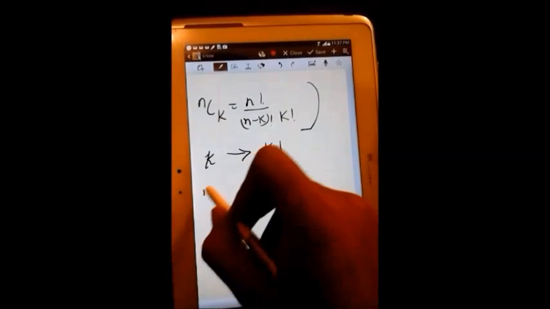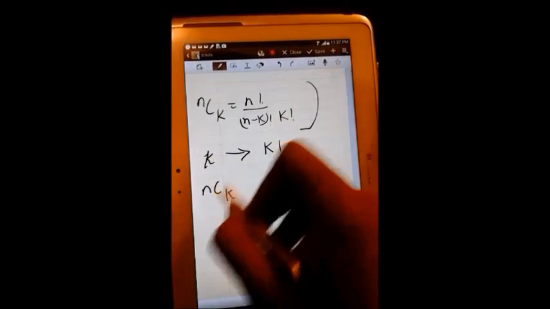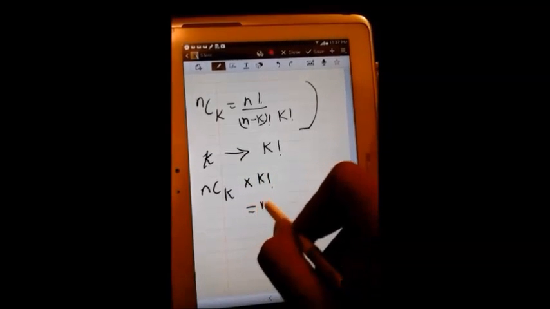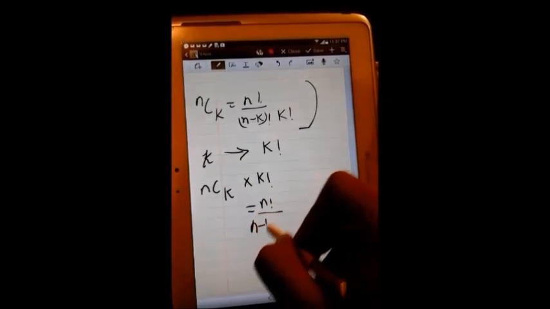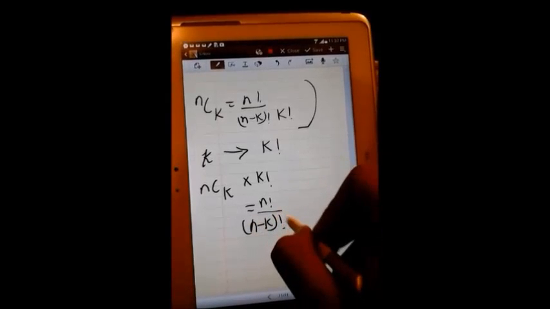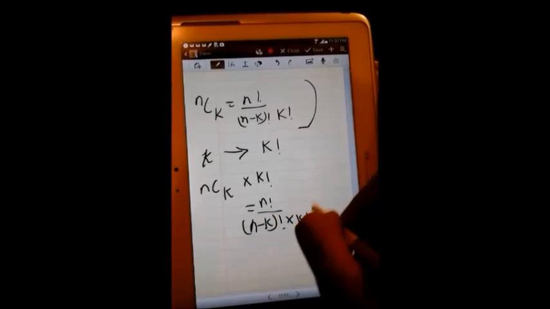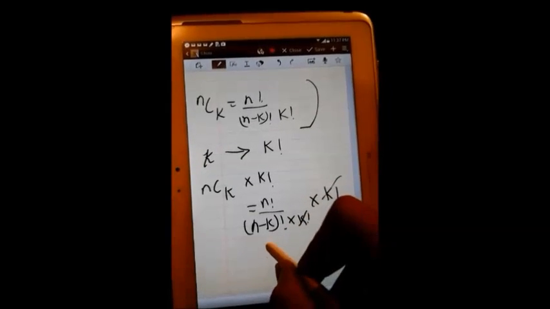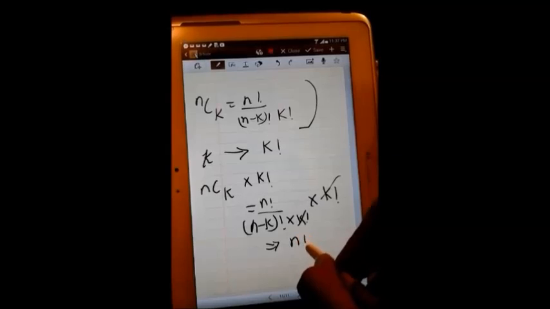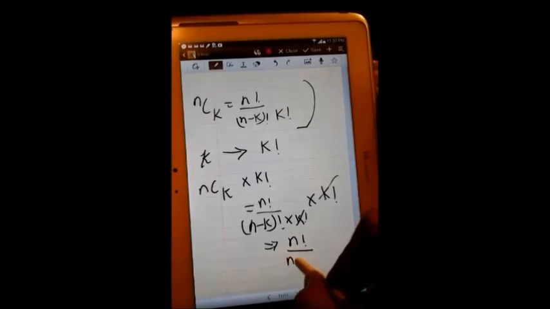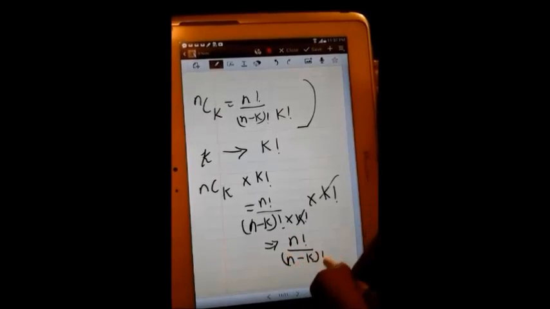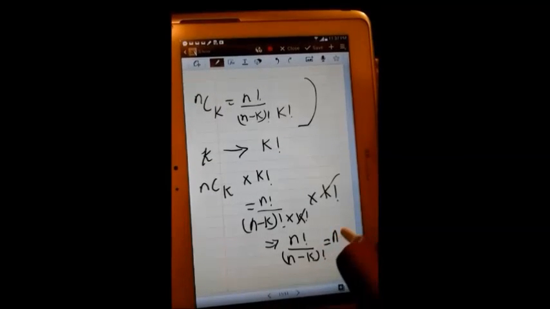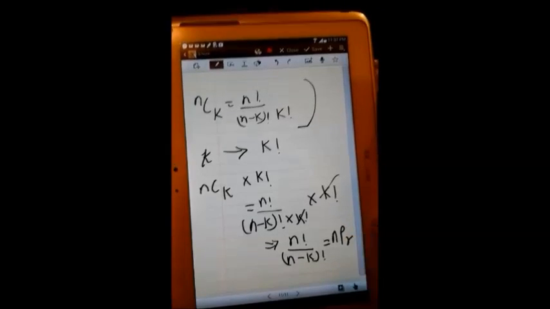Multiplying both of them, n combination k into k factorial is equal to n factorial upon n minus k factorial into k factorial. K factorial cancels, and we get n factorial upon n minus k factorial, which is nothing but the permutation nPr.